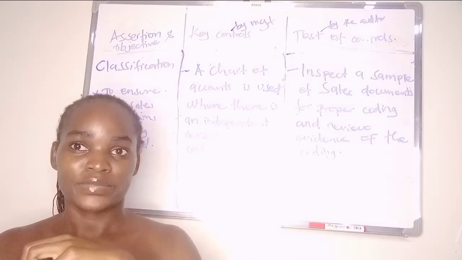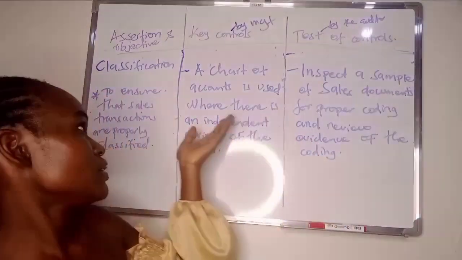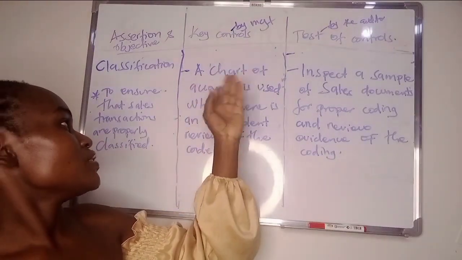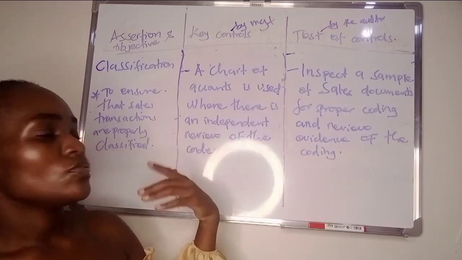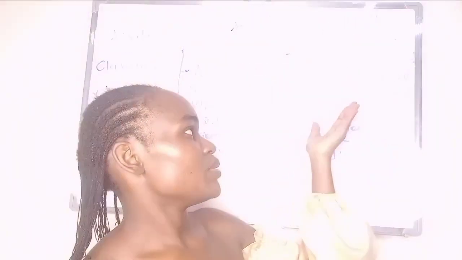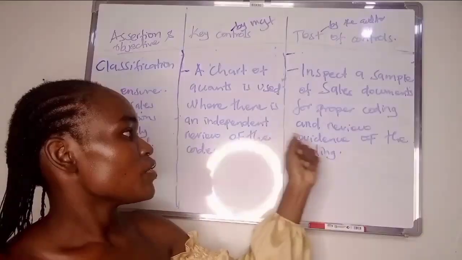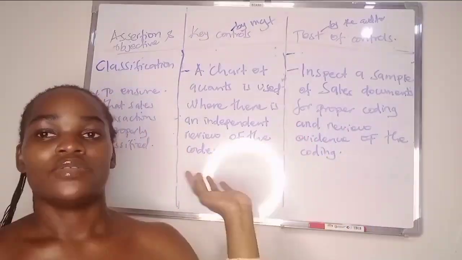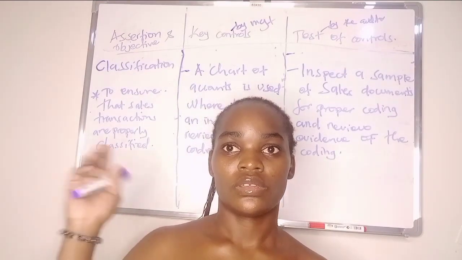If you see it anywhere, just know the control is a chart of accounts is used where there is an independent review of the codes. Then the auditor will select a sample of those documents for proper coding and review evidence of the coding. So that is it.